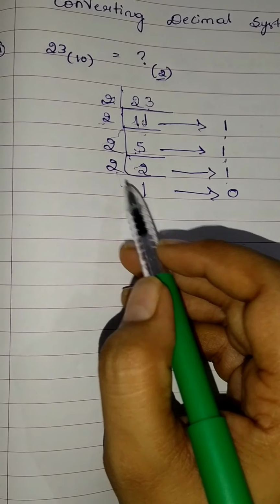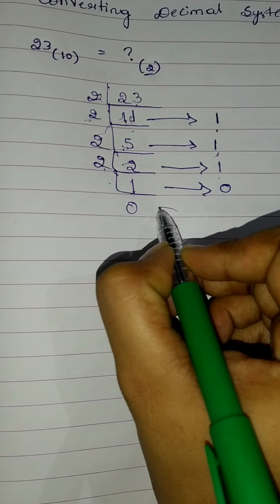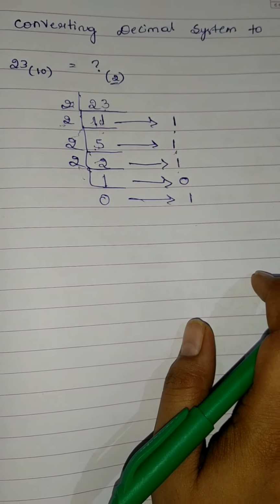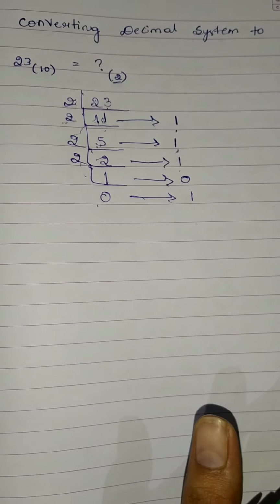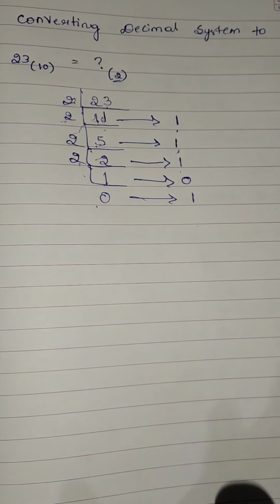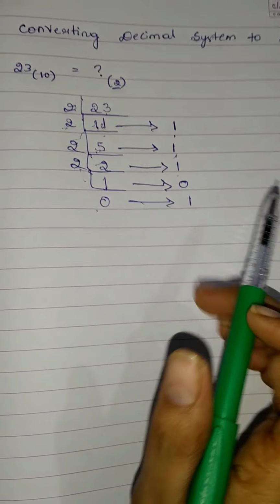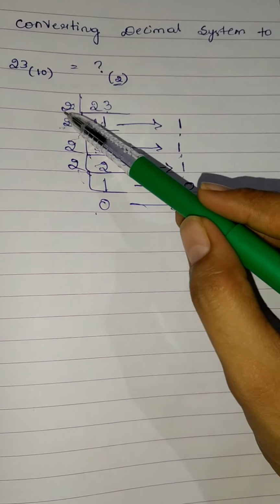We cannot divide the 1 by 2, so we have to take 0 and the remainder becomes 1. So after getting 0 as a quotient value, we repeat all these steps until the quotient becomes 0. First we divide the decimal number by the value of the new base.